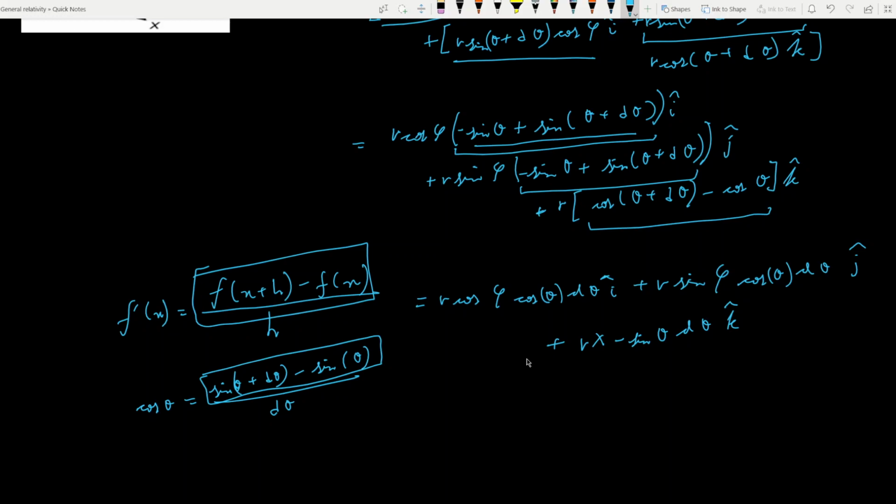Now we can see that we have r's and d thetas common in all these terms.